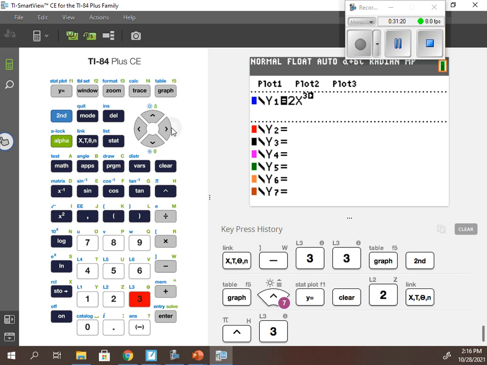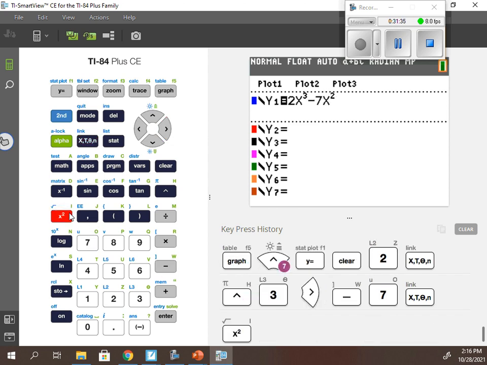To do cubed, we use the caret key, the key right above the division sign. That will give us exponents. Cubed, minus 7x squared minus 15x. Hit graph.